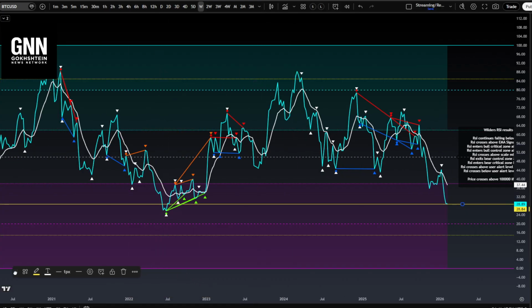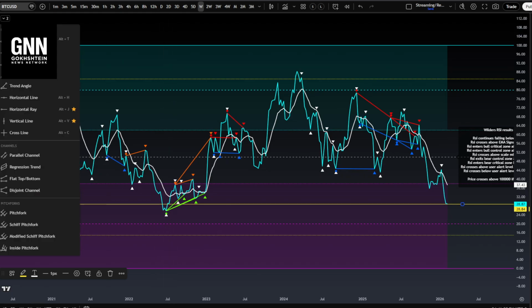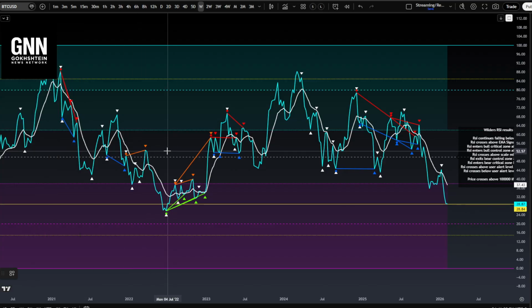Let's get rid of this. Back here in 2022, this was not the low. This was the big initial move down into the bearish control zone. I want to point this out because we need to see bullish divergence start to build off of lower lows or off of structure.